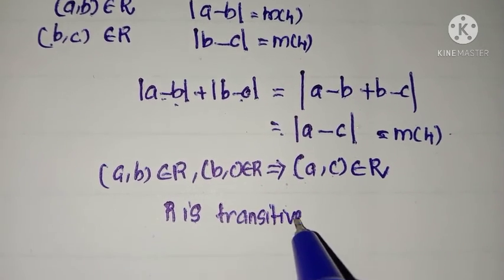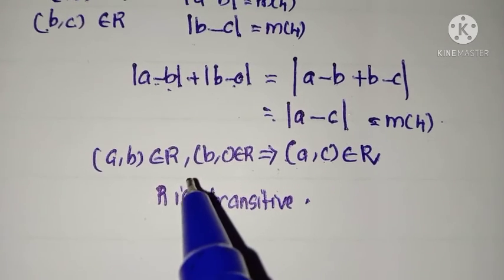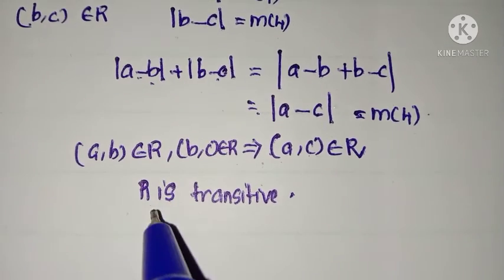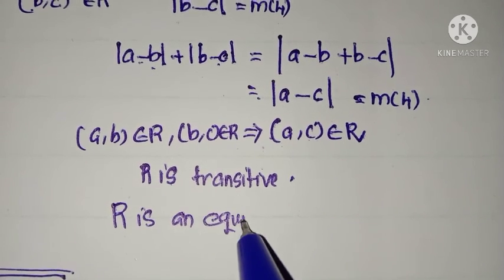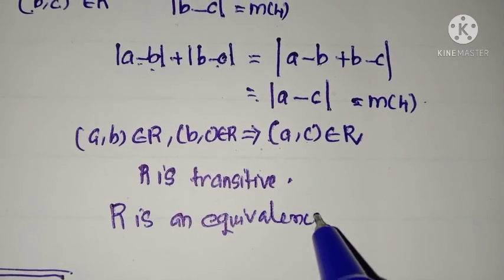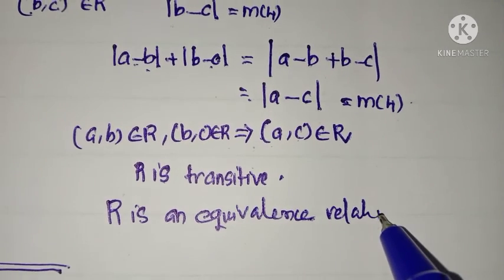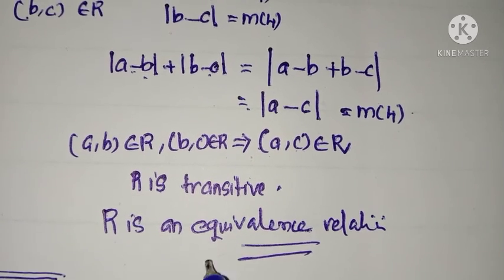So we have R is reflexive, symmetric and transitive. Therefore, R is an equivalence relation.